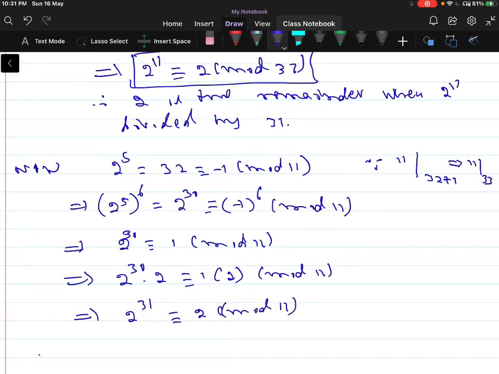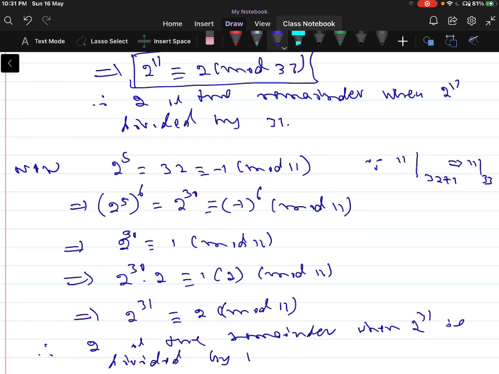So therefore 2 is the remainder when 2 power 31 is divided by 11. Let us call the first result equation 1 and this equation 2.